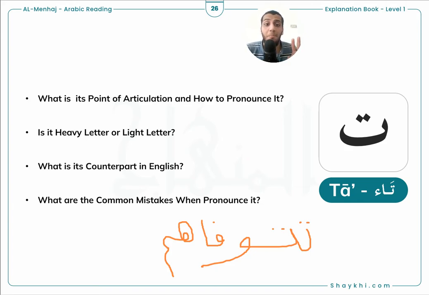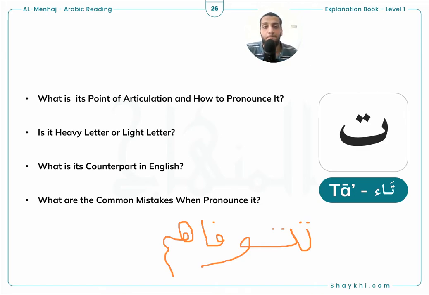But some people say تتوفاهم, making this excessive air, and this is one of the common mistakes, and you should avoid that and say without an excessive air, like this: تتوفاهم. This letter has an air, but without exaggeration.